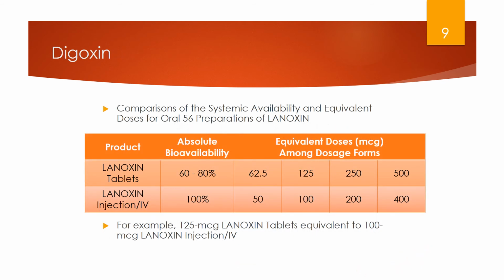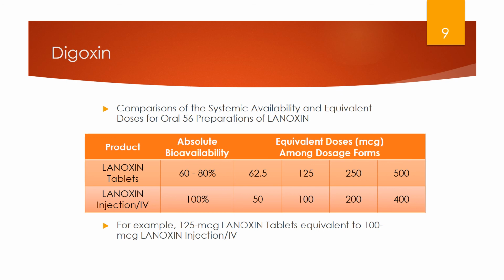Digoxin. Comparison of the systemic availability and equivalent doses for oral preparations of Lanoxin. The Lanoxin tablet has an absolute bioavailability of 60 to 80%, and the equivalent doses among dosage forms are 62.5, 125, 250 and 500 mcg.